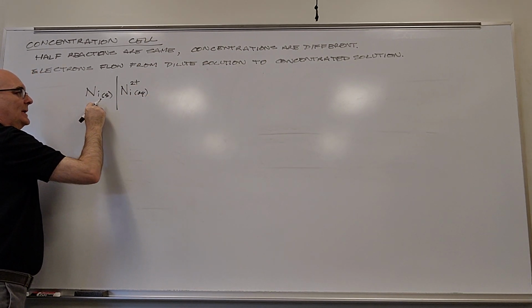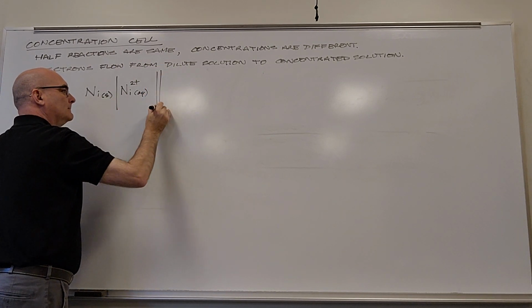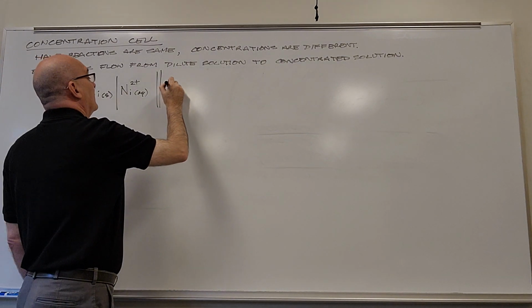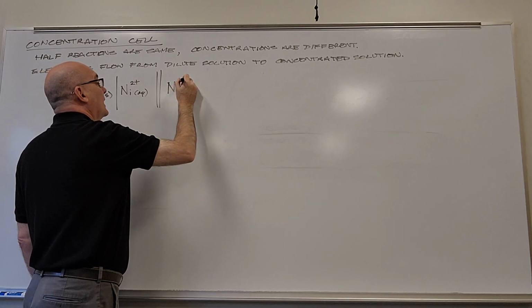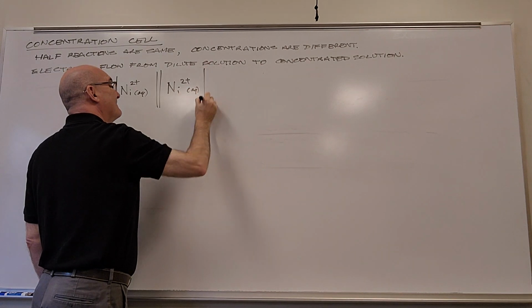Okay, so that's the nickel electrode in a nickel solution. Two lines represent the salt bridge. And then on the other side, I have the nickel again.